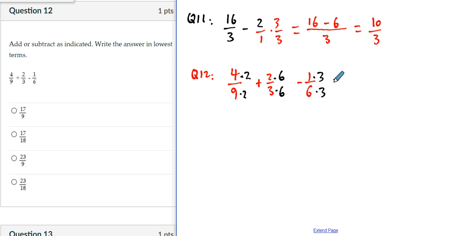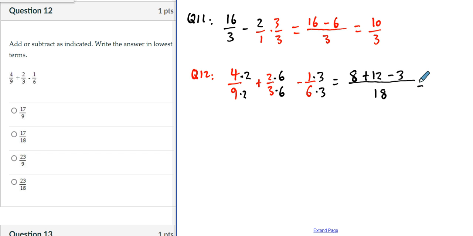Now, the denominators are the same, which is 18, so you leave it alone. Then upstairs, 4 times 2 is 8, 2 times 6 is 12, subtract 1 times 3, which is 3.